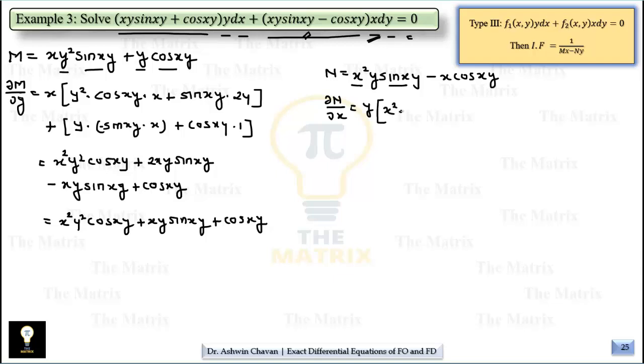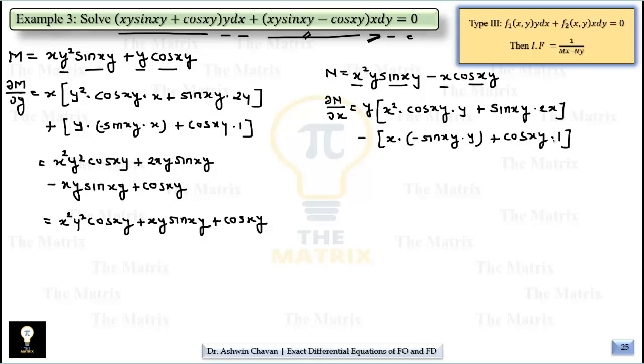First as it is, sin xy is differentiated as cos xy into the derivative of xy, which is y with respect to x, plus now the derivative of x square is 2x. So the first term is done. Minus the second term, which is also a product of two functions with respect to x, so uv rule: x as it is, cos xy becomes minus sin xy into y, plus second as it is, so cos of xy as it is, and the derivative of x is 1.